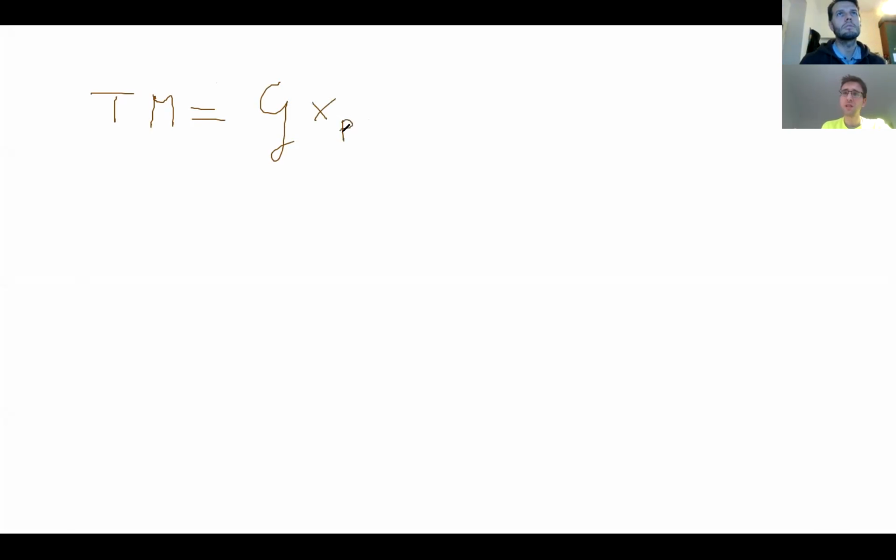Push forward, yes. So the tangent bundle to M is this. Just take the canonical projection from the Lie algebra g to g mod p, and the associated bundle to that is the tangent bundle.